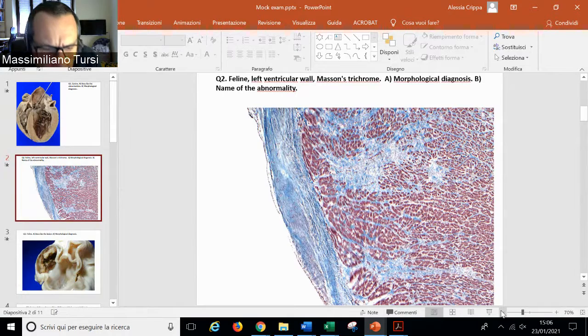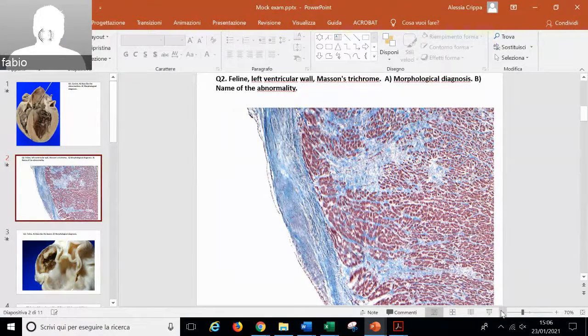Fabio, what do you think? Yeah, I got endocardial fibrosis. I was just wondering, because I know it's an endocardial fibrosis, but to describe it, I said diffuse fibrotic superficial thick layer of the endocardium.